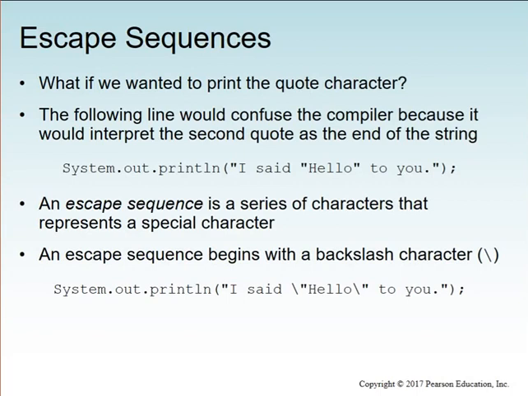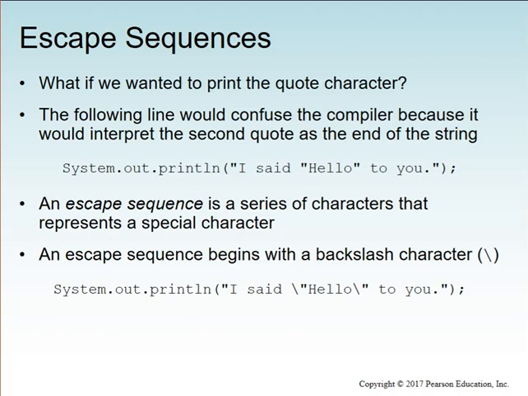Say I wanted to print a quote in my string in output, and we know now that the double quote character is used to delimit strings, one at the start and one at the end. So what happens if I want to have the word hello, like I said hello to you, in quotes in the middle of my output?